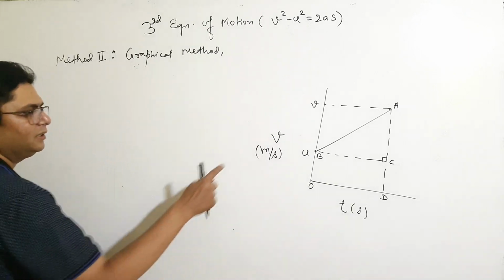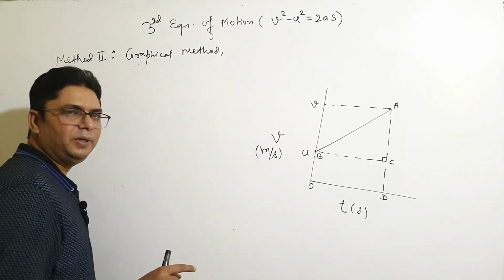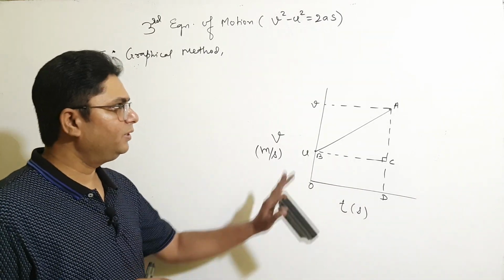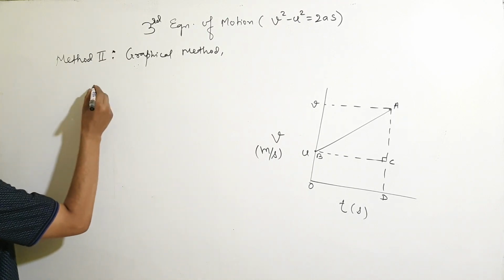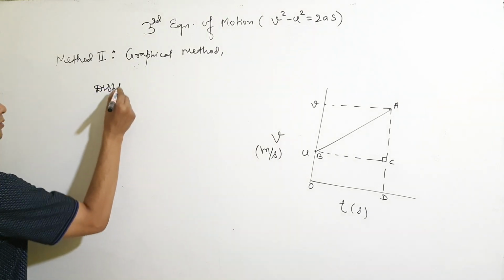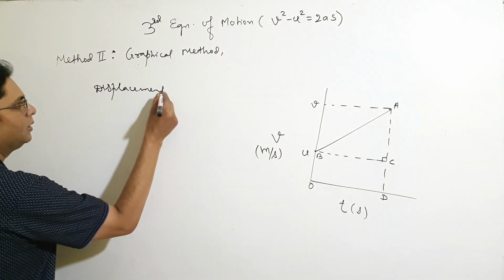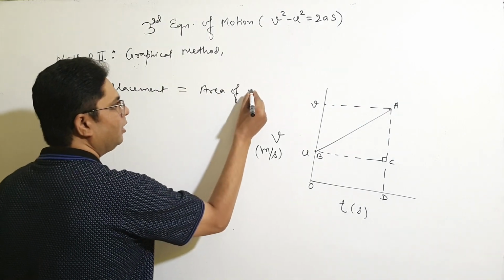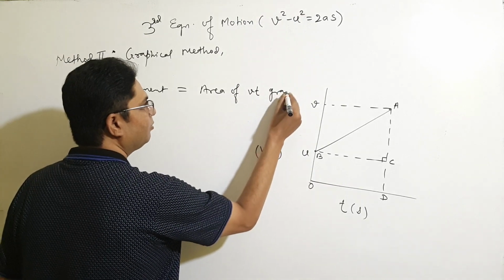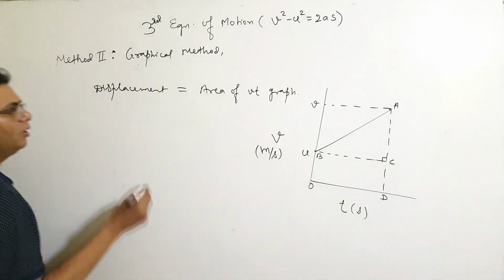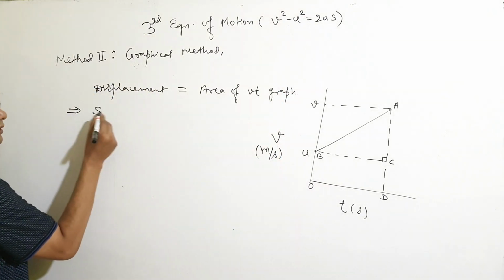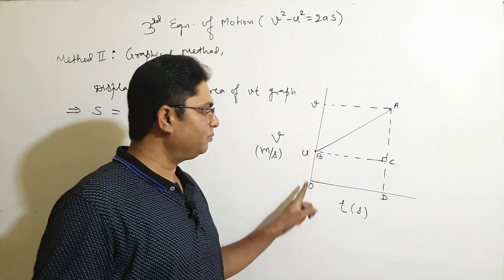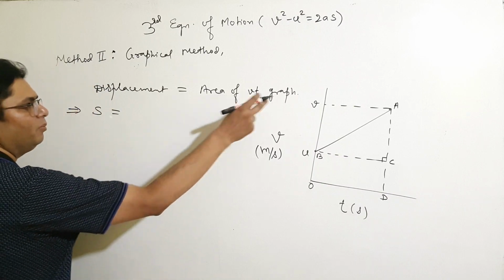Now you know that this is a v-t graph, so displacement can be obtained by taking the area of this graph. Displacement, symbolized by s, is equal to the area of the v-t graph.